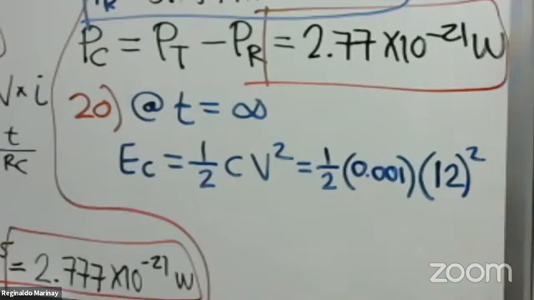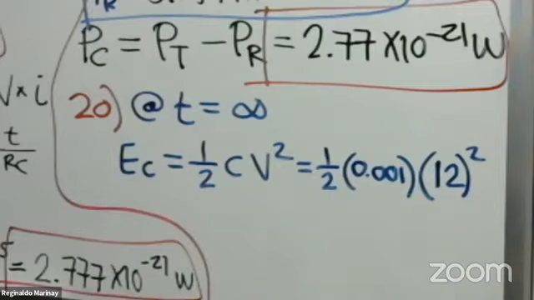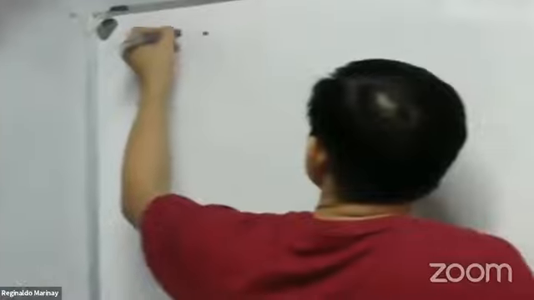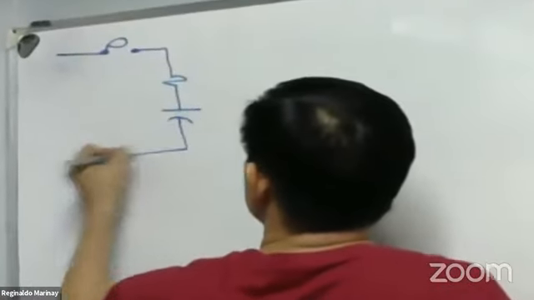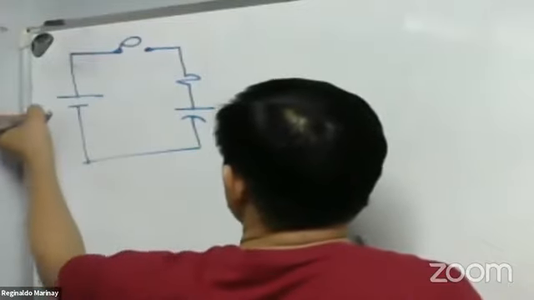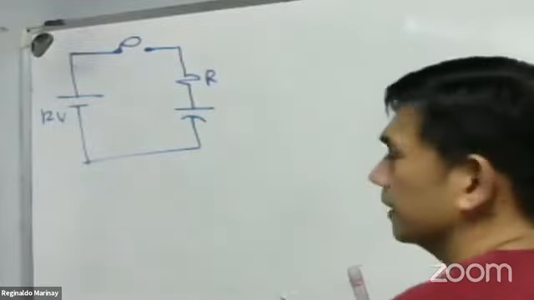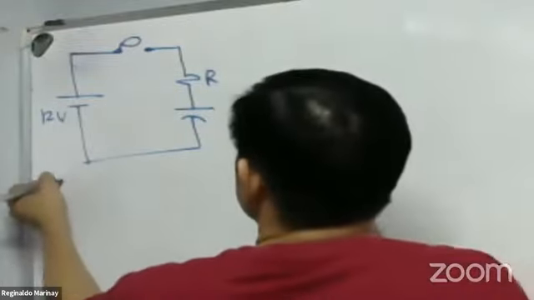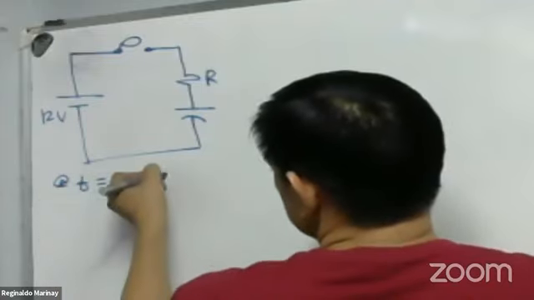I'll show you why it became 12 volts. Okay, let's go over here. Again, this is our circuit. We have a 12 volts battery here. This is the resistance. At time equal to infinity, steady state, C is what?